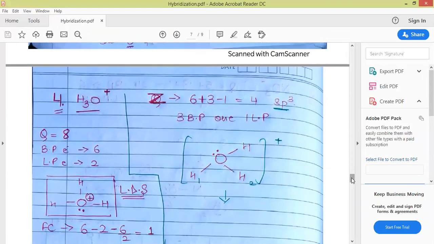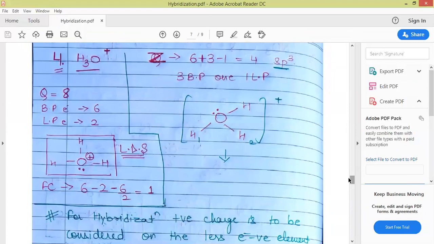Next case to be discussed is the H3O positive molecule. In this molecule, if we draw the most acceptable Lewis dot structure, as far as Lewis dot structures are concerned, irrespective of the electronegativity of the atoms, it gives positive charge to the central atom and negative charge to the corner atoms.